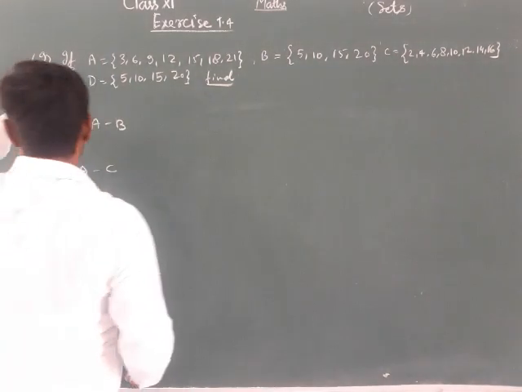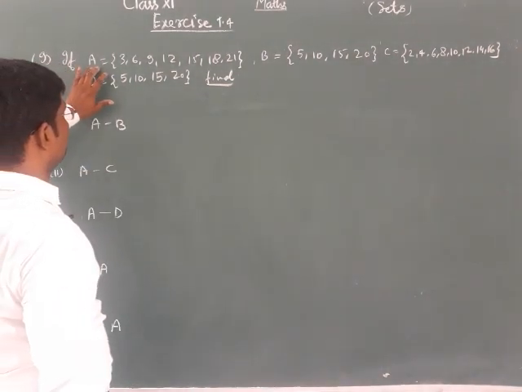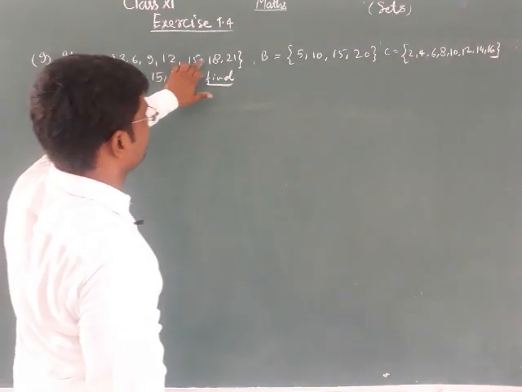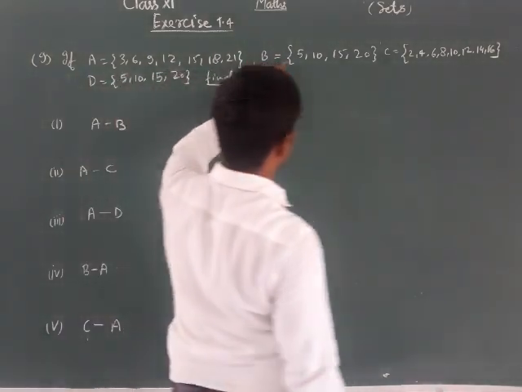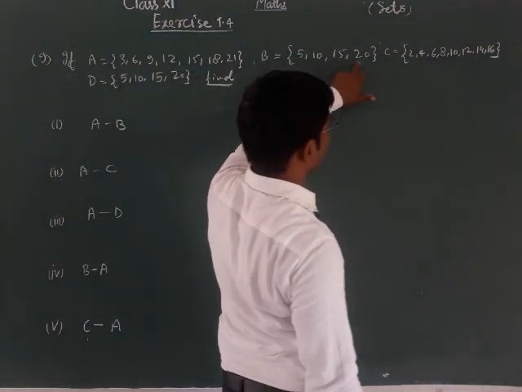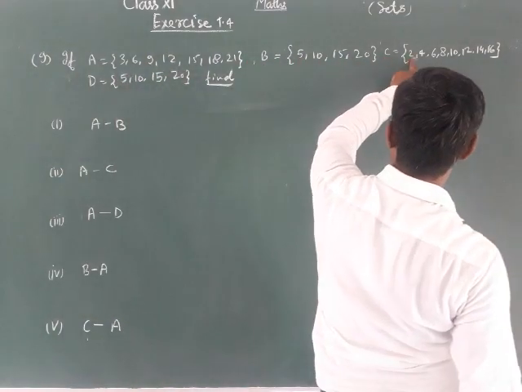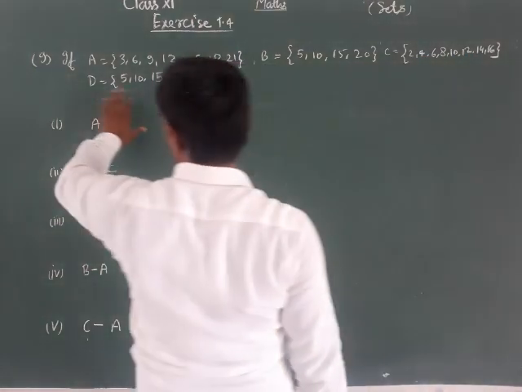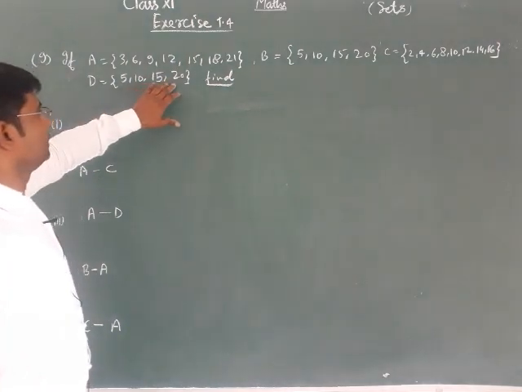Question number 9. Set A has elements 3, 6, 9, 12, 15, 18, 21 and set B has elements 5, 10, 15, 20. Set C has elements 2, 4, 6, 8, 10, 12, 14, 16 and set D has elements 5, 10, 15, 20.